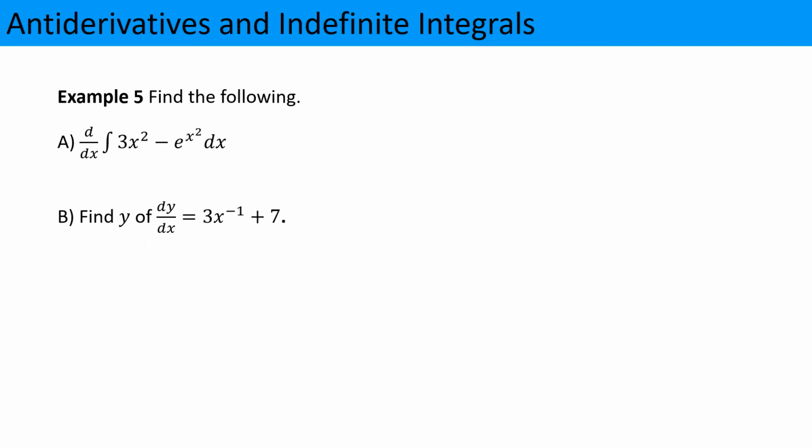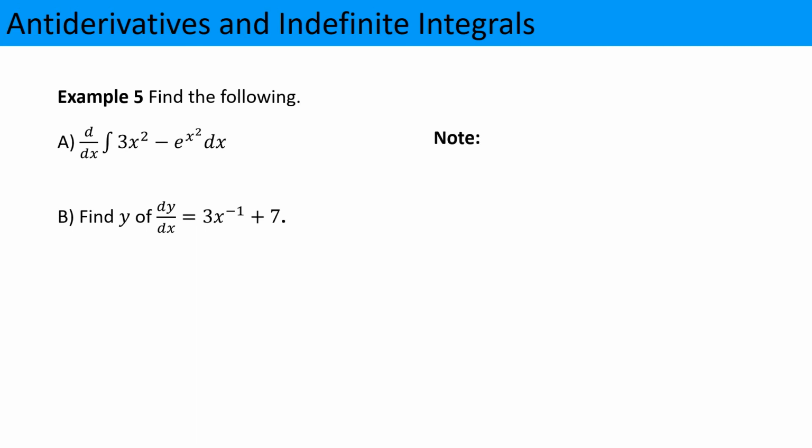Let's find each of the following. Part A, and let's pay particularly close attention to the notation. d dx, that's take the derivative with respect to x of the integral of the quantity 3x squared minus e to the x squared dx.